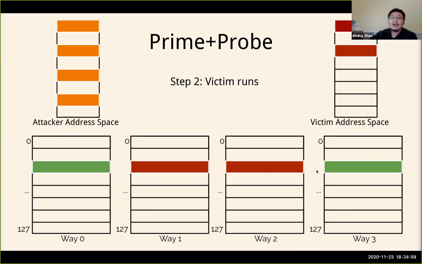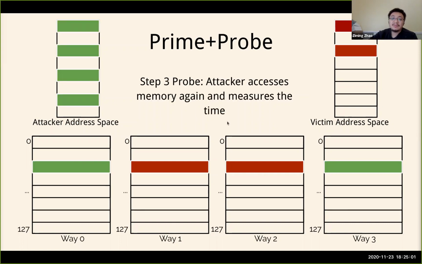Then the third step, the attacker will just try to access all those congruent addresses again. If some of them are slow, which means the victim has evicted. So if the victim evicted, then we know the victim has been accessing some congruent address.